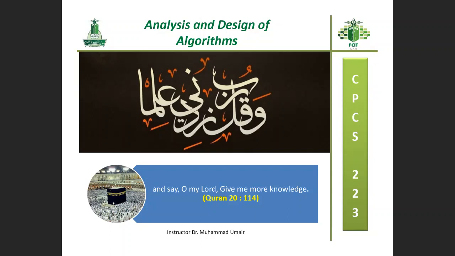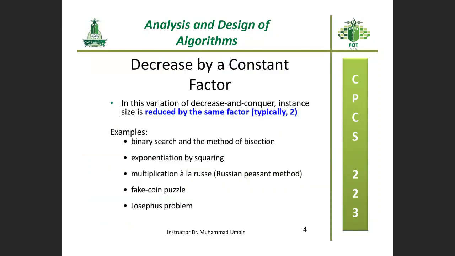Okay, so last time we started the topic of decrease by constant factor, as mentioned earlier in the introductory lessons of decrease and conquer. We discussed that decrease by constant factor means that in every iteration the problem size is reduced by a common ratio, as you observed in the merge sort algorithm and the binary search algorithm.